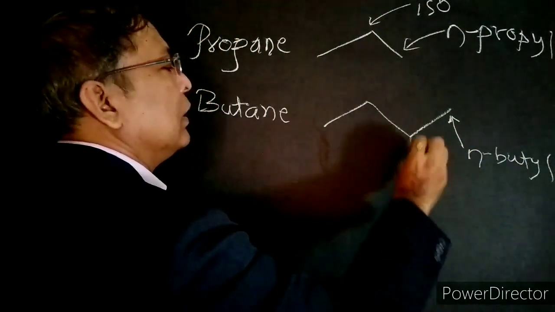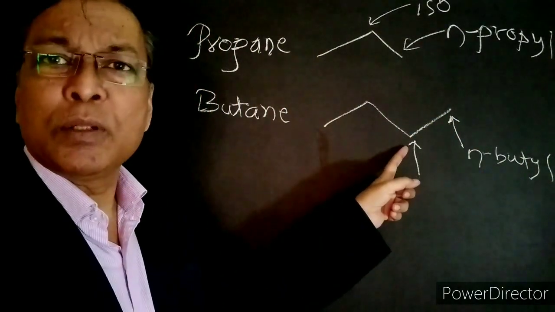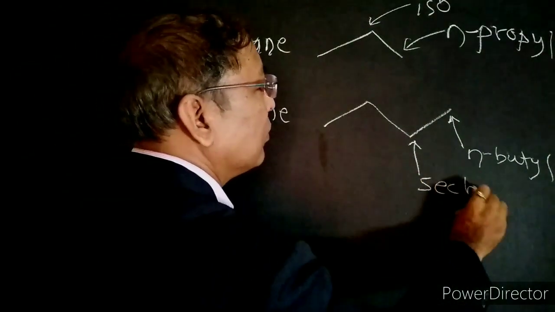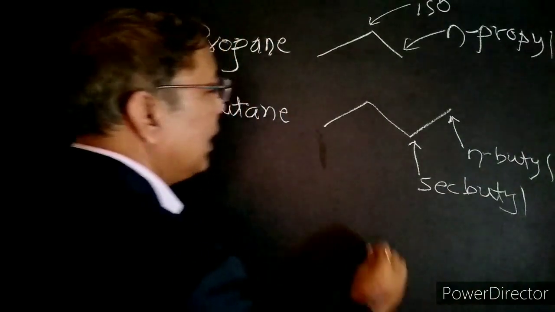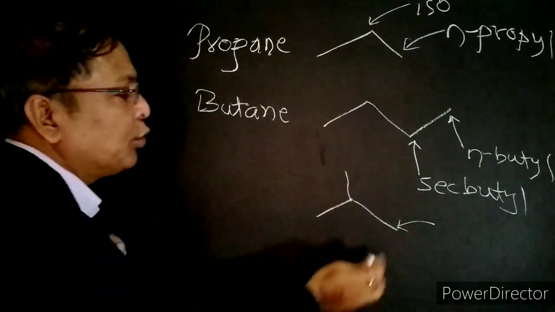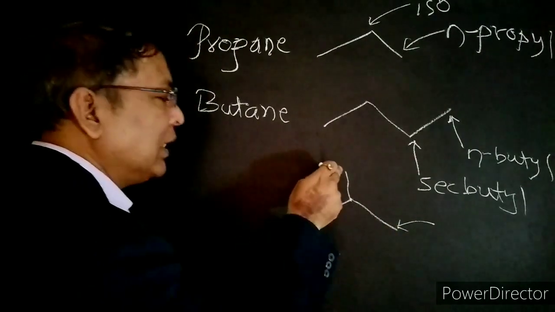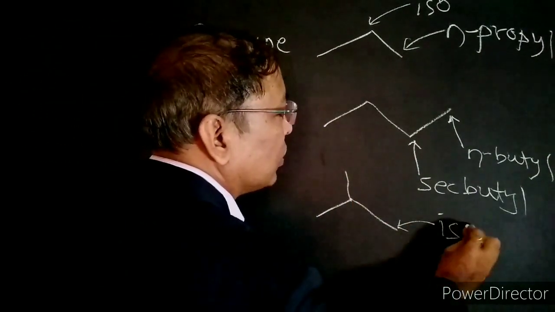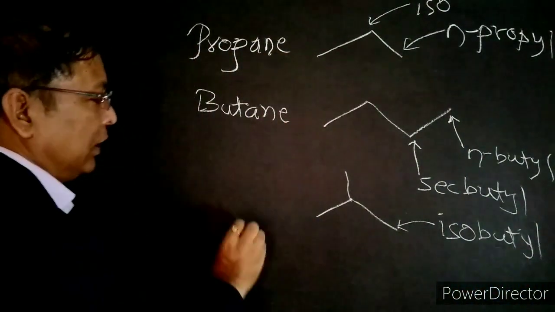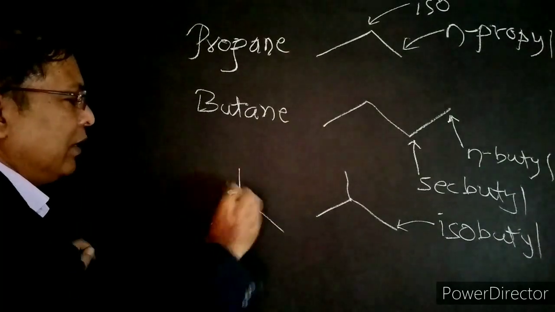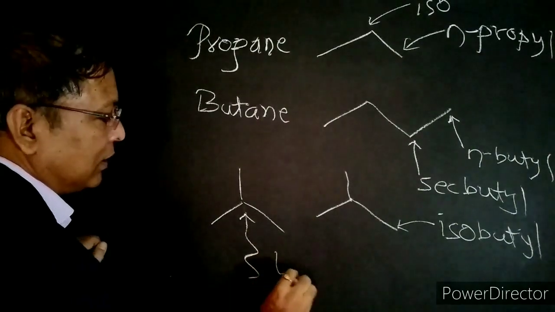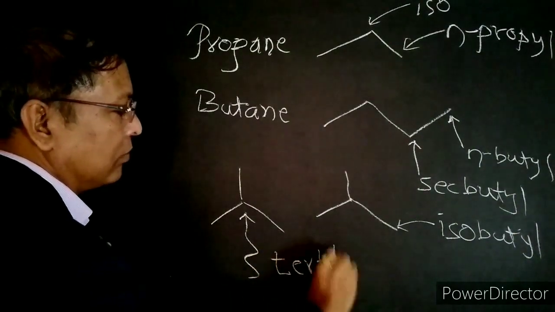If the substituent, that is halogen, is present on this carbon, it is called secondary butyl or sec-butyl. And if the substituent is present on this carbon or this, it is called isobutyl. And in the last case, if the substituent is present on this carbon atom, it is called tertiary butyl.